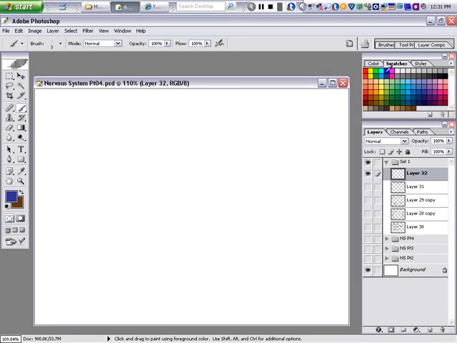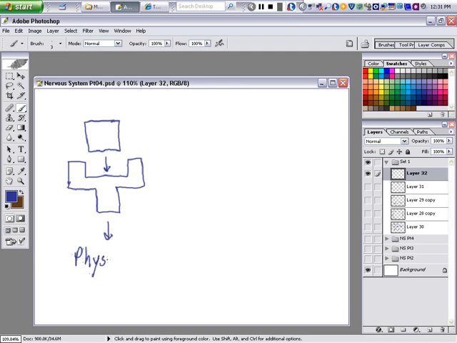Here we have any substance, and if a substance binds to a protein and you get a physiological response, the protein to which it binds is a receptor.